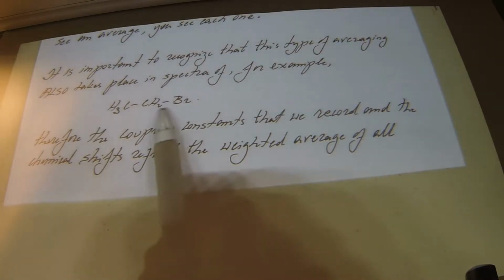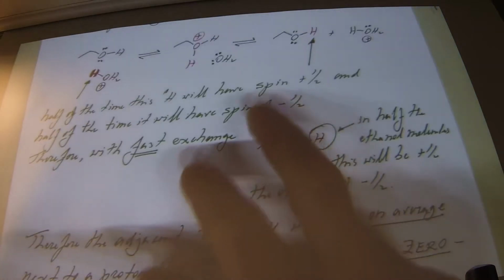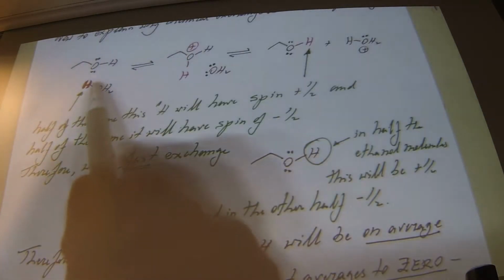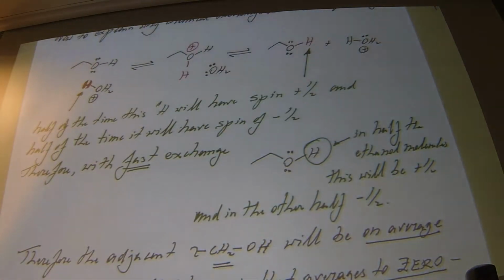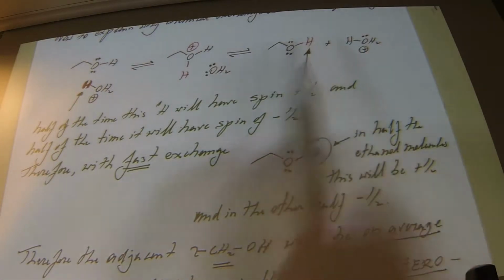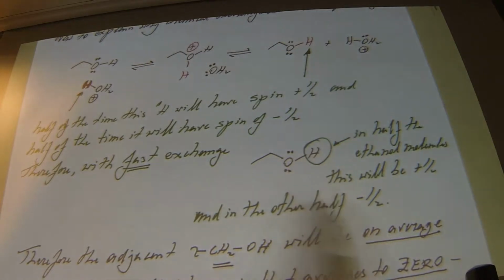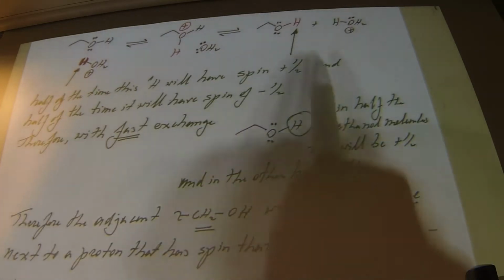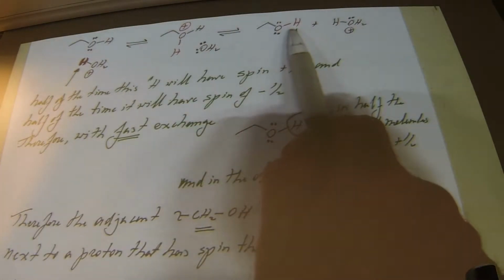So signal averaging is going to take place in all cases. This again recapitulates what I said: when you have proton exchange for exchangeable protons, half the time it's going to be plus 1/2, half the time it's going to be minus 1/2. On average, it's going to be 0, and therefore no coupling will be observed.